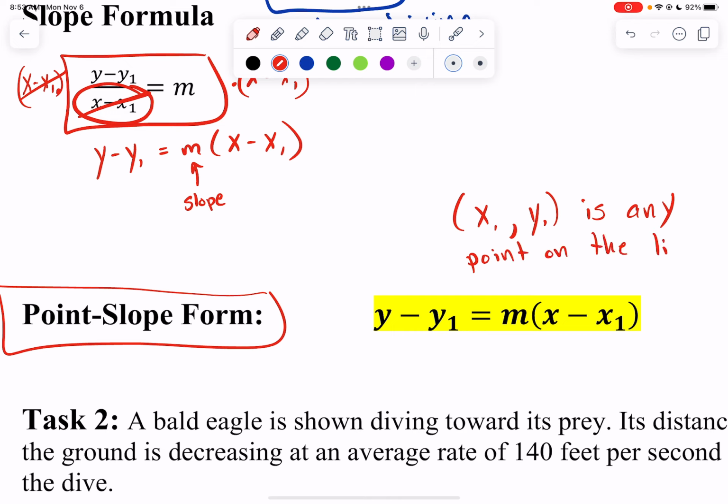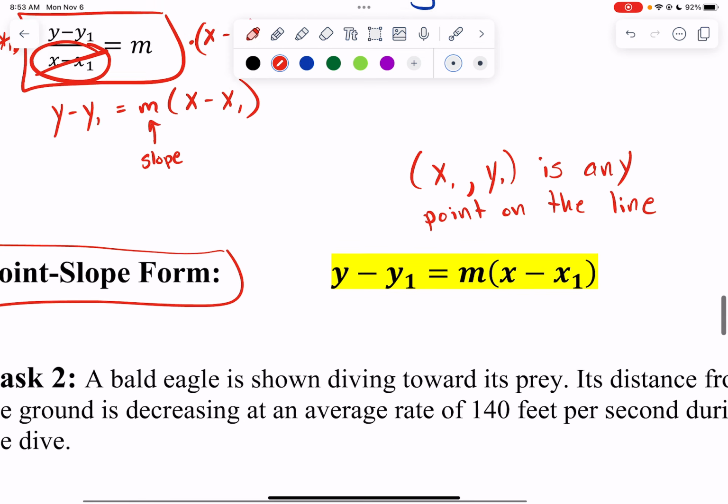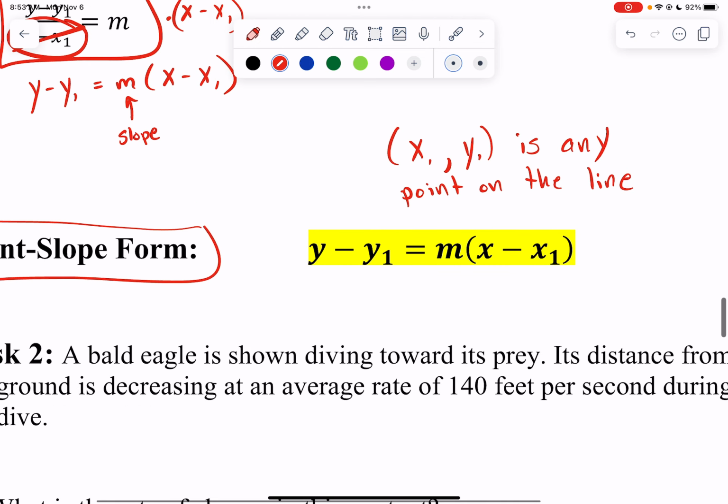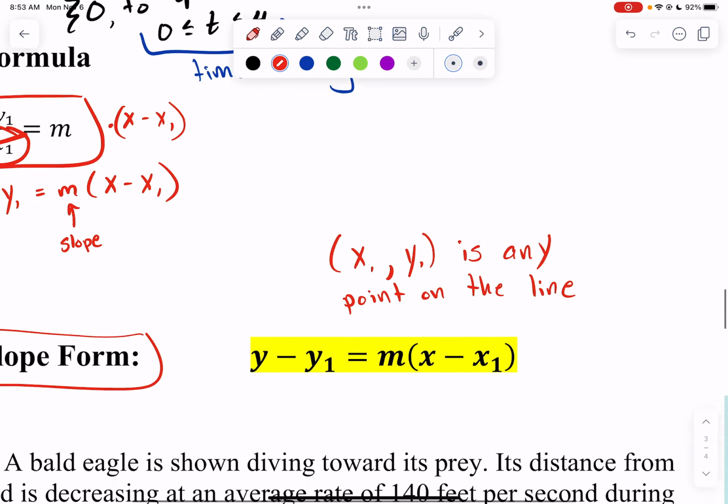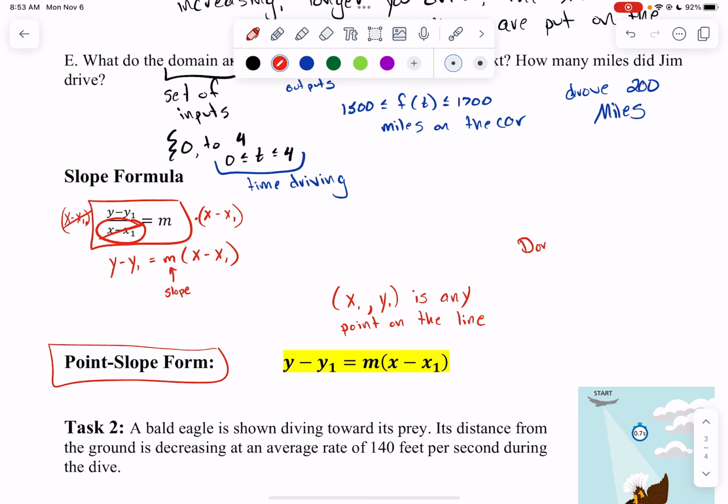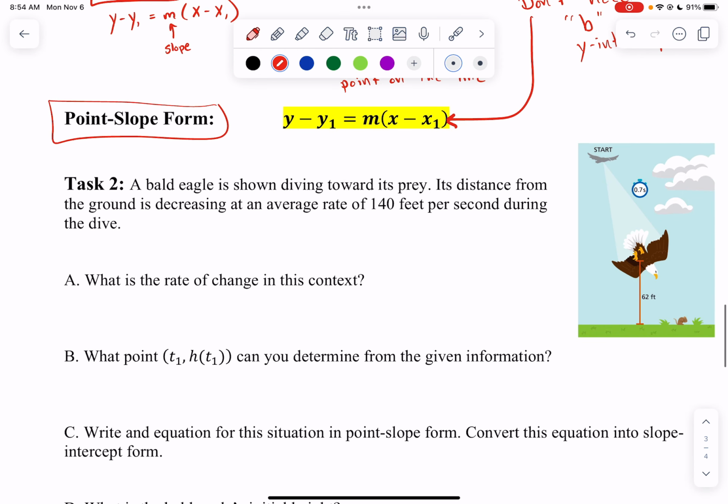In other words, I do not need to know the y-intercept anymore. If I can remember point slope form, you don't need b, that y-intercept. I can write the equation without it if I use this guy.